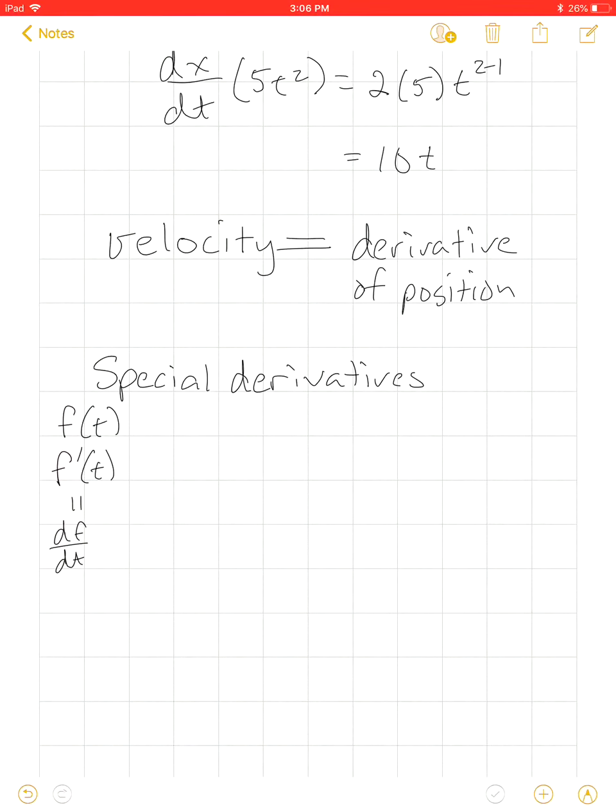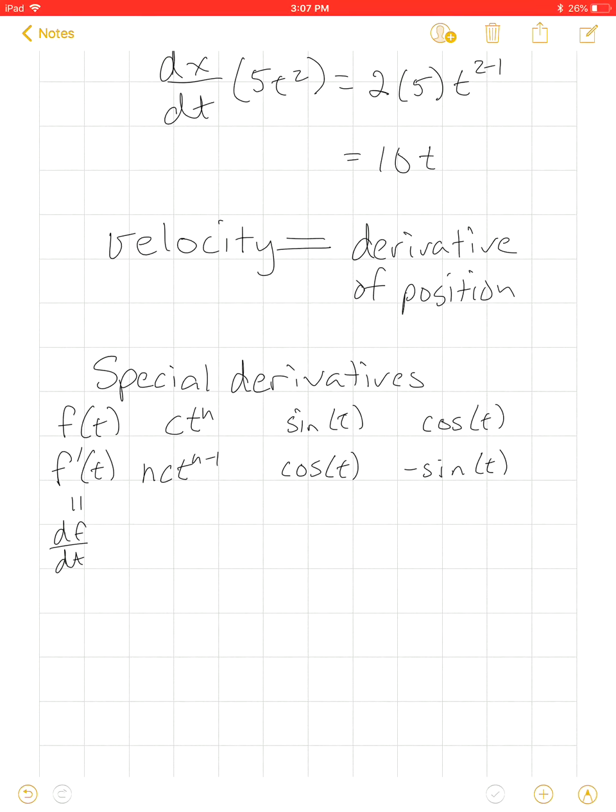So we just kind of talked about it. If we have ct to the n, the derivative, of course, is nct to the n minus 1. All right. If we have a sine function, sine of t, the derivative of that is cosine of t. If we have cosine of t, the derivative of that is minus sine of t, and that minus sign does become important.